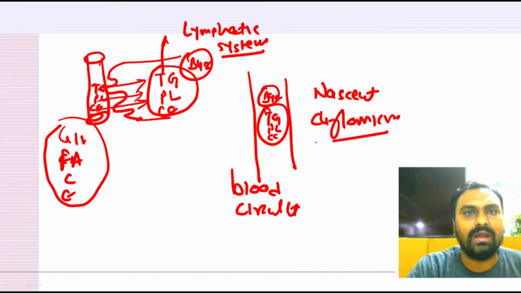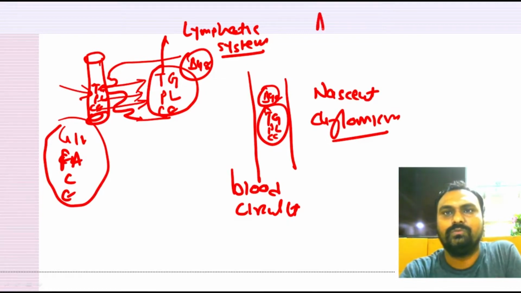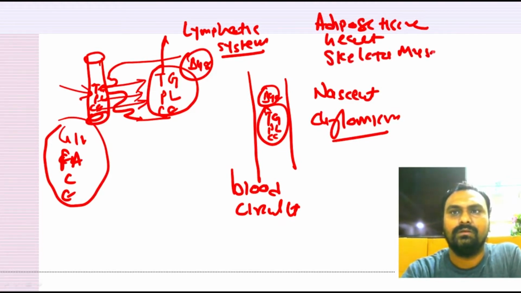The role of chylomicron is to transport the dietary lipids, the lipids that we take in the diet, from the intestine to the peripheral tissue, like adipose tissue, heart muscles, skeletal muscles. Right?